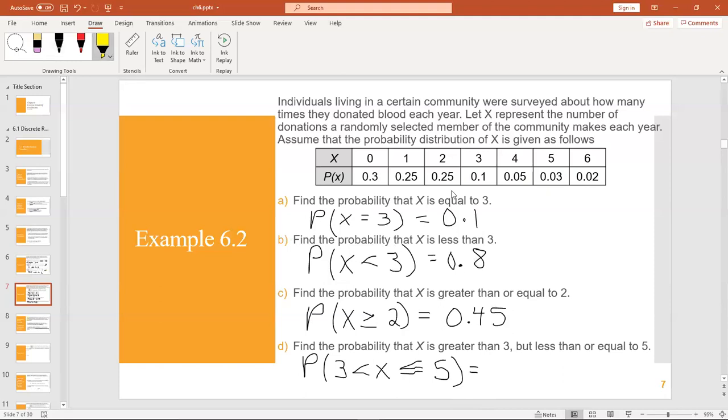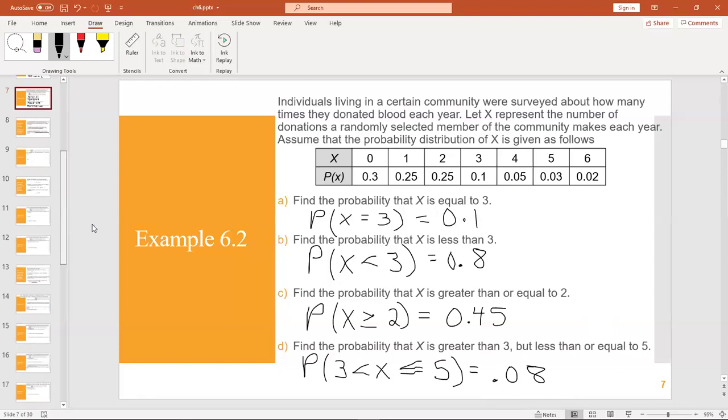You got to be bigger than 3, which means you do want 4, but not 3. And then you want to be equal to 5, but that's it. So really that's just another way of saying 4 or 5. You add those two values up, 0.05 plus 0.03, that is going to give you a grand total of 0.08 for this one. So there's an 8% chance that will happen.